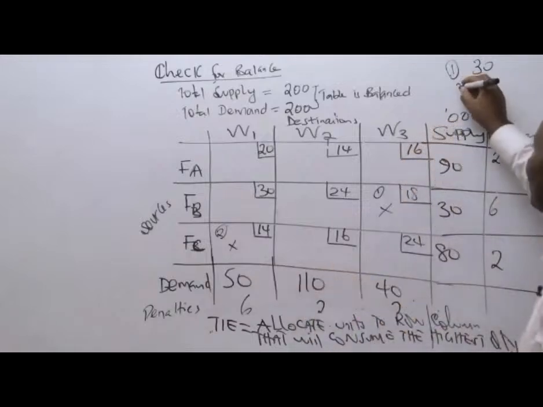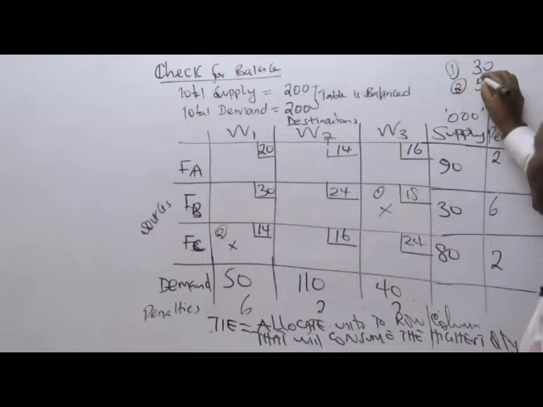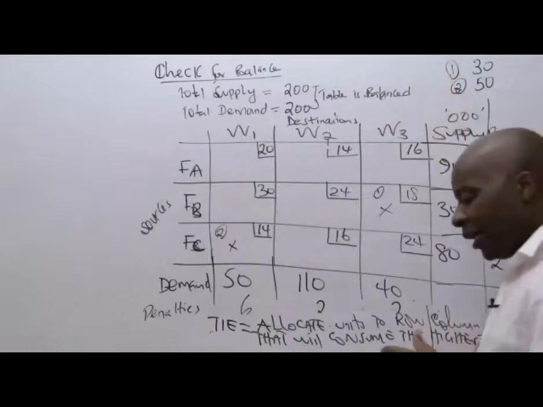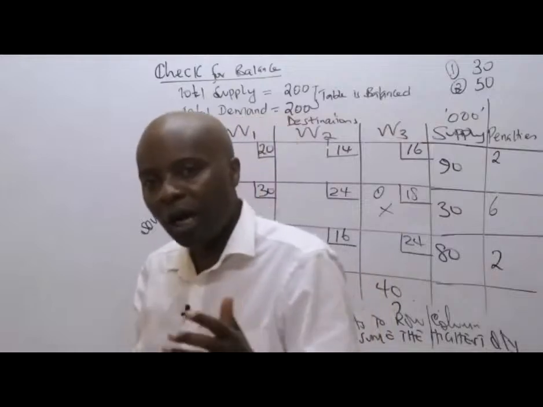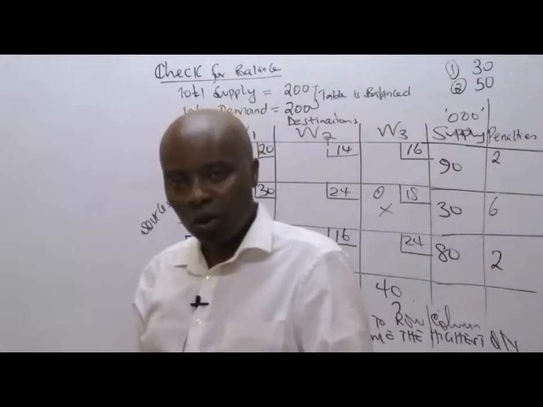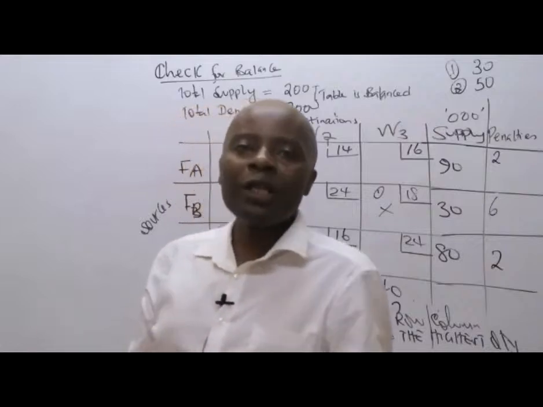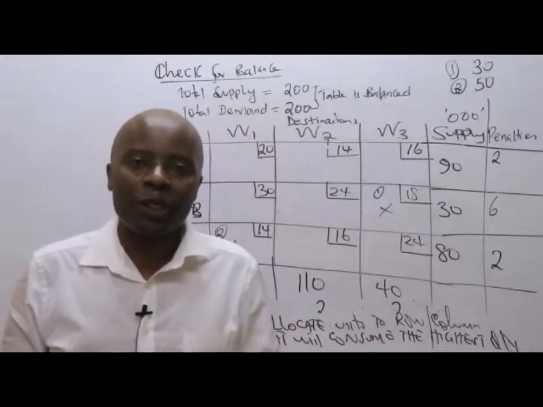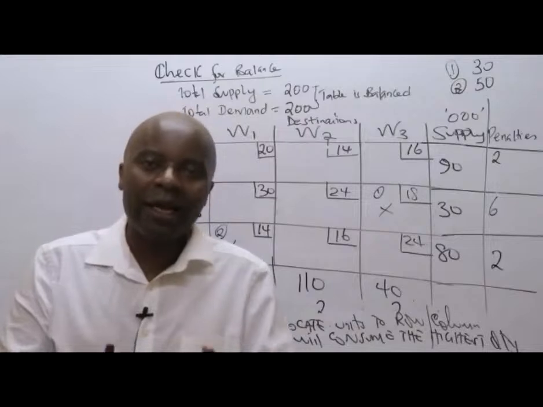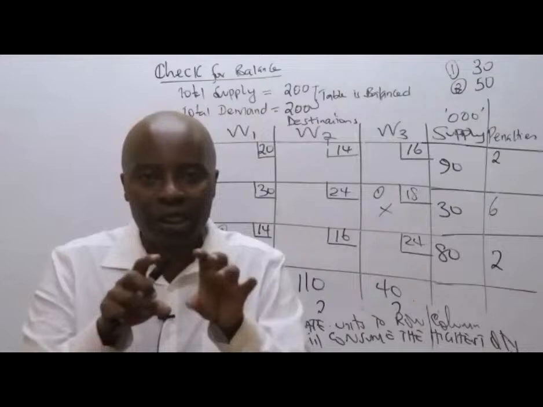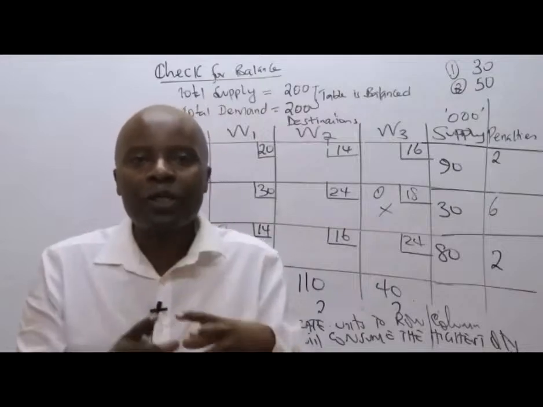So listen to me. Cell number 2 can only take what here? 50. Remember, there are routes. This is route number 1, route number 2. Now, in terms of walking along the row and along the column, we'll always endeavor to minimize what here? Cost. But now, between the two routes, whenever there is a tie, ladies and gentlemen, we can only compare the routes in the tie quantity-wise.